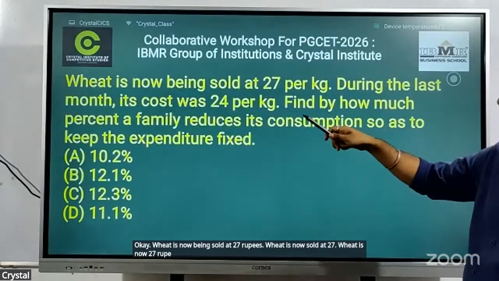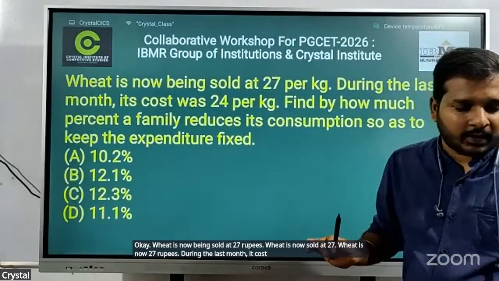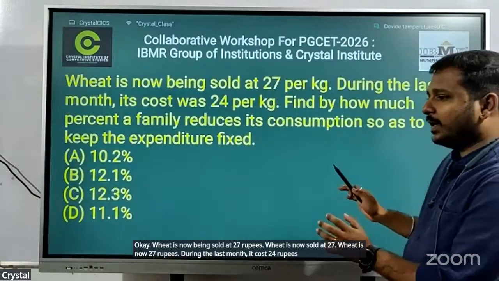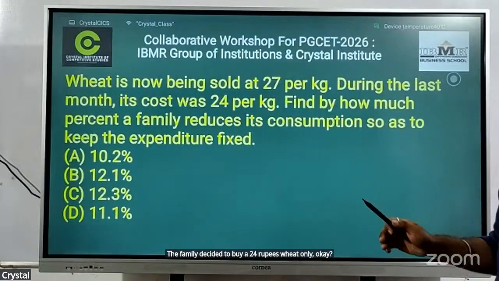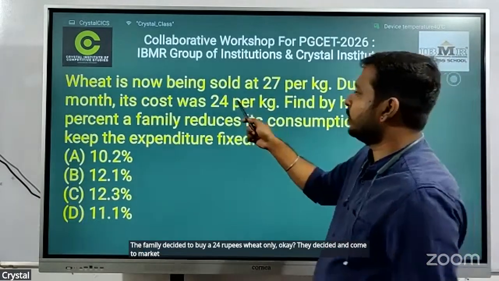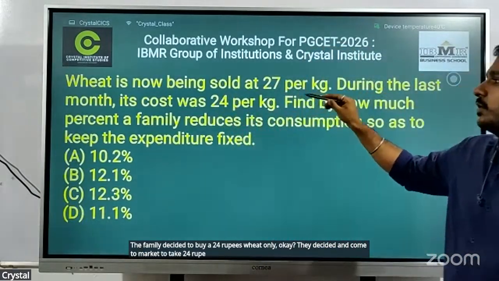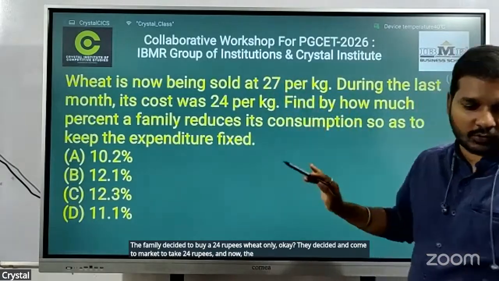During the last month, it cost 24 rupees. Their family decided to buy 24 rupees of wheat only. They decided and came to the market to buy 24 rupees of wheat, and now the wheat price is 27 rupees.